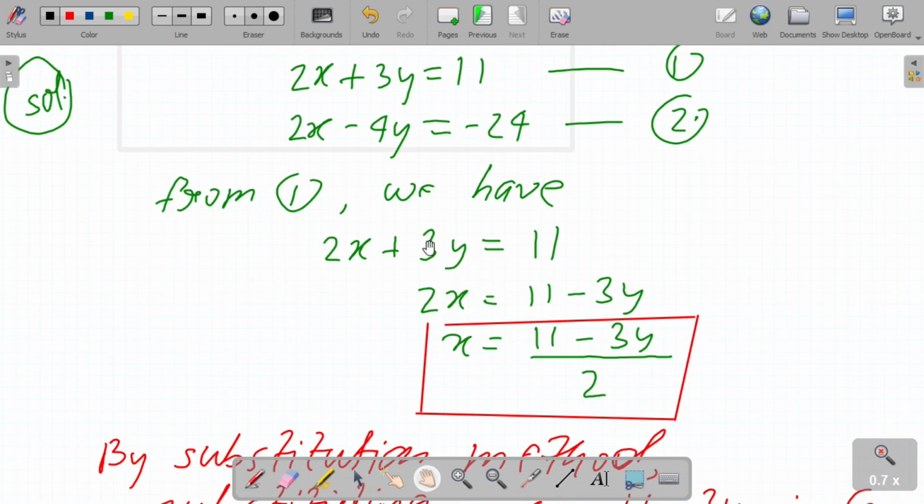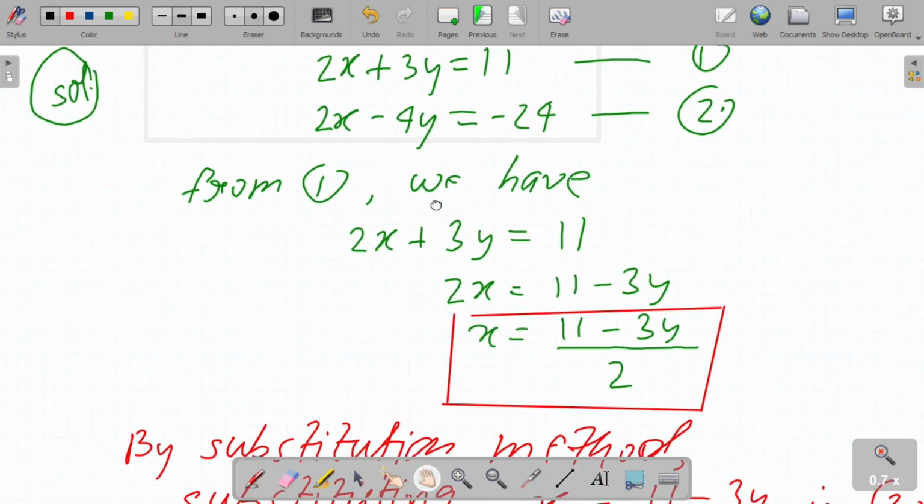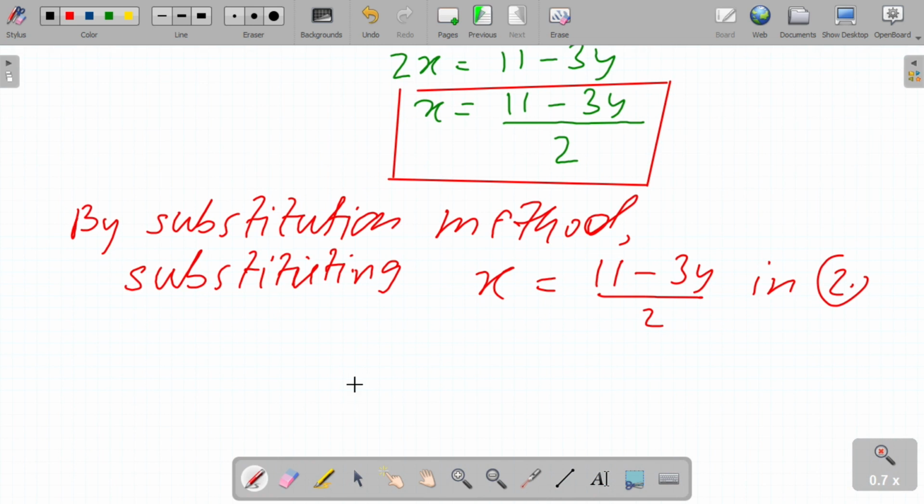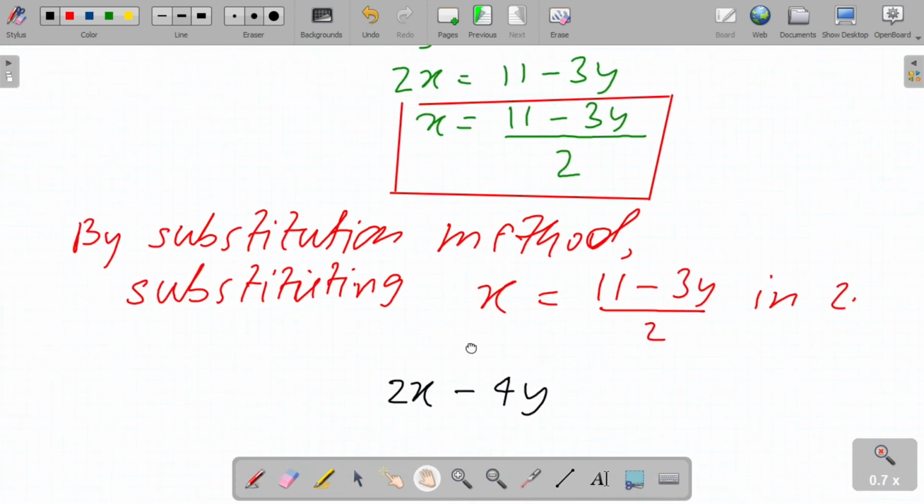Second equation is 2x minus 4y equals minus 24.